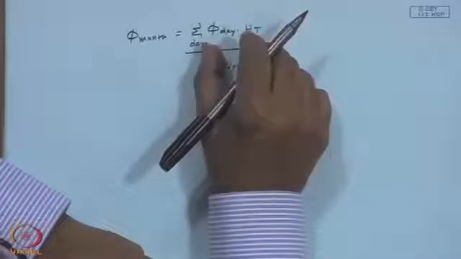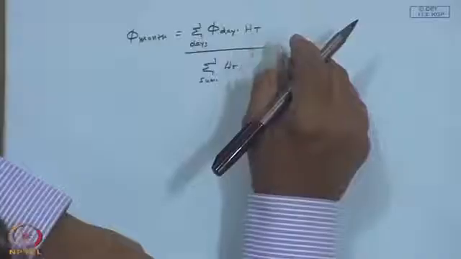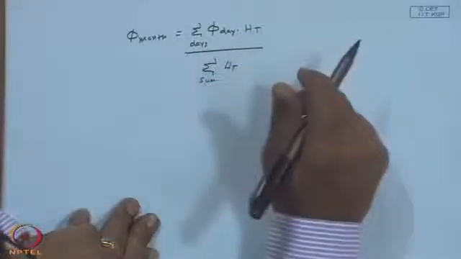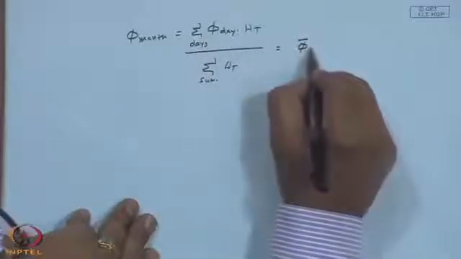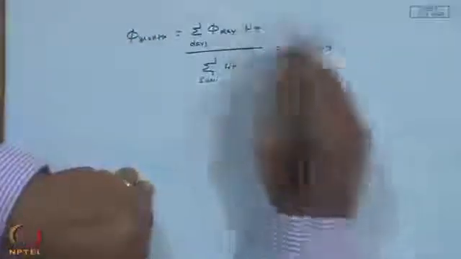What I am trying to do is pick up the solar radiation every day above the critical level upon the total solar radiation falling on the collector in the month. This is also equal to phi bar. Numerically, it does not make any difference because it is a ratio of both.